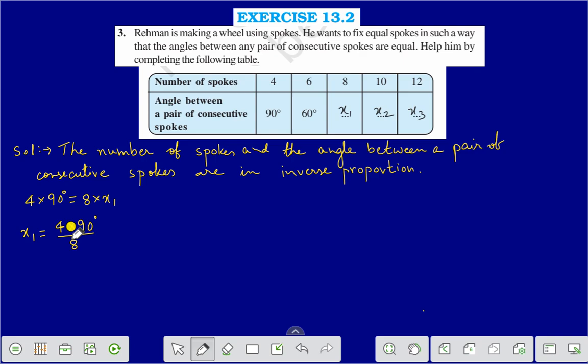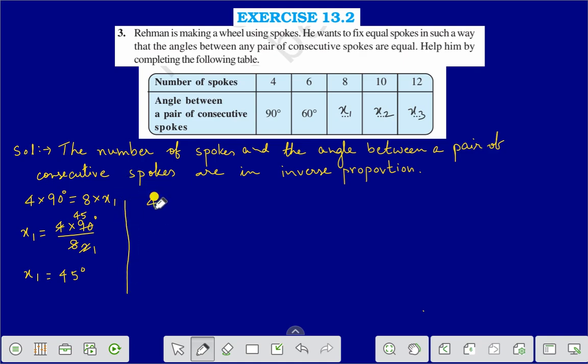Right? Therefore, 4 twos are 8, 2 nines are 18, so this is 45. Therefore, the value of x1 is equal to 45 degree.